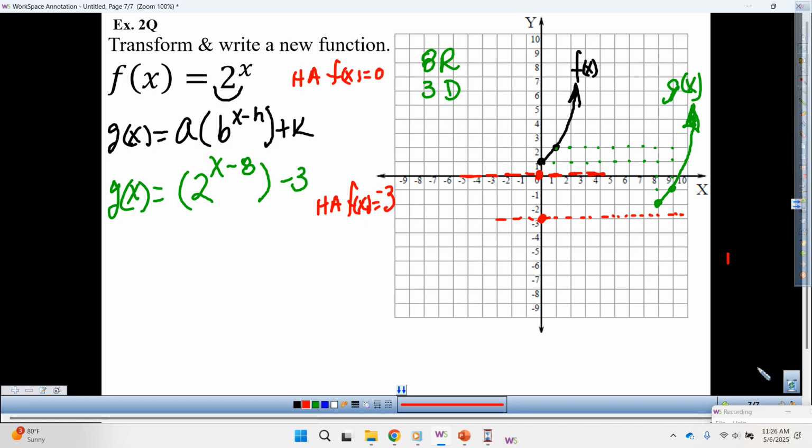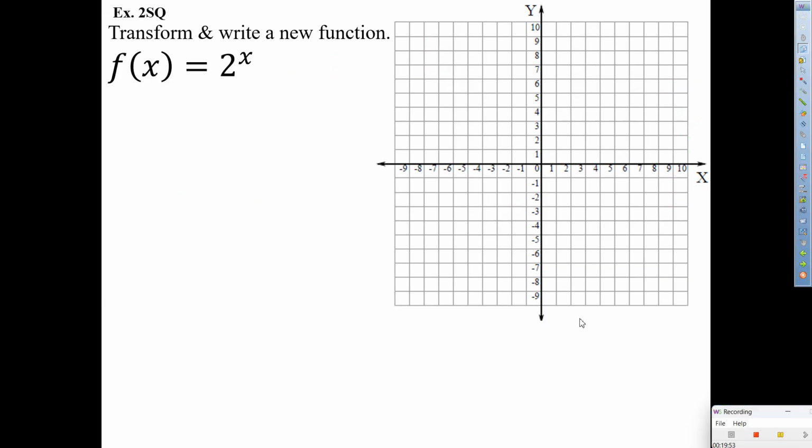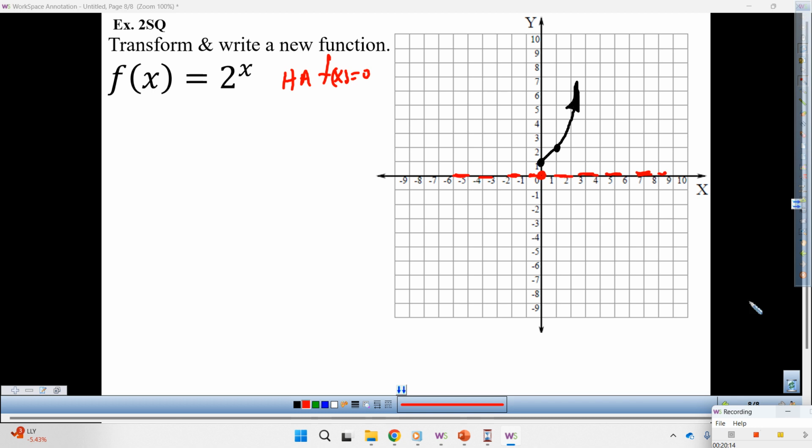All right, let me send you the screen so you can send me your graph. Doing Example 2, write it again, transform and write a new function, f of x equals 2 to the x. Get a new coordinate plane going, please. And then I want you to graph the parent function really quick with its HA. I'll give you a head start. All right.